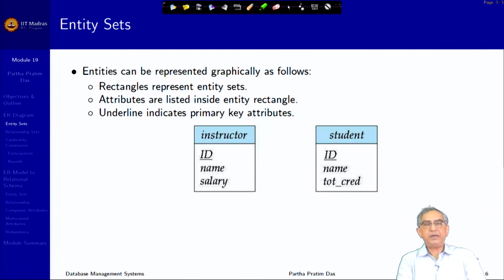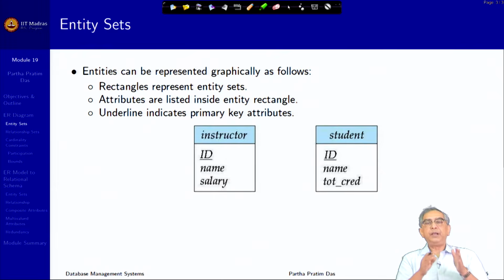But over time it has evolved, and with the introduction of a very powerful modeling framework known as UML, Unified Modeling Language, these have got standardized now in a certain diagrammatic way.